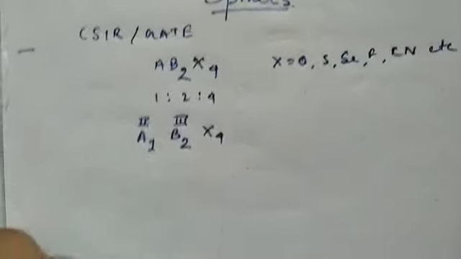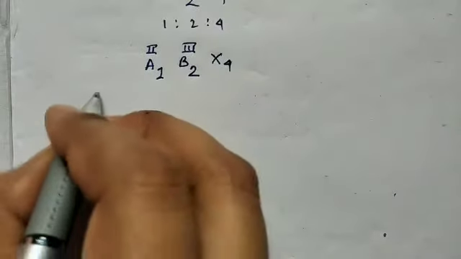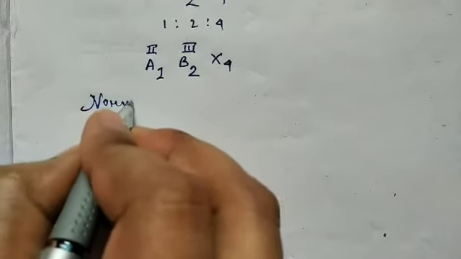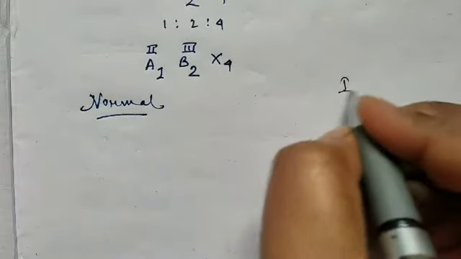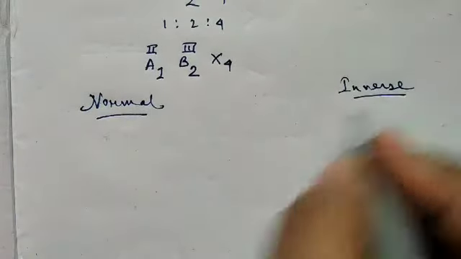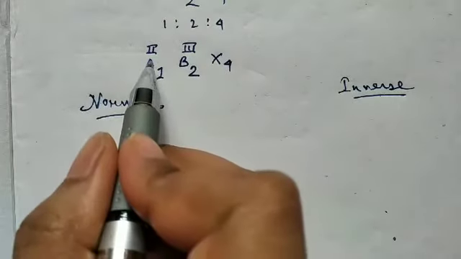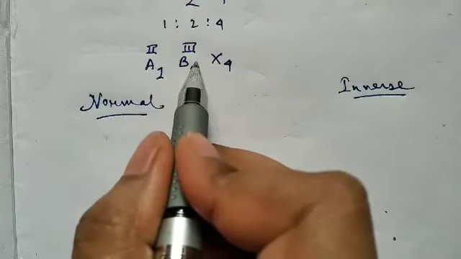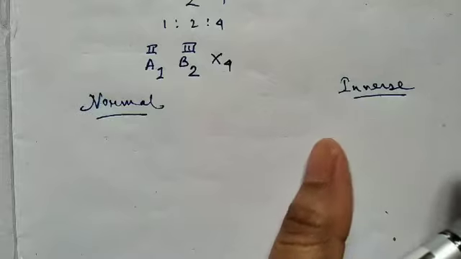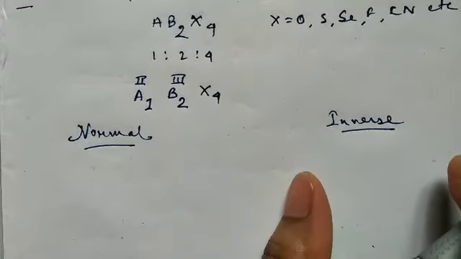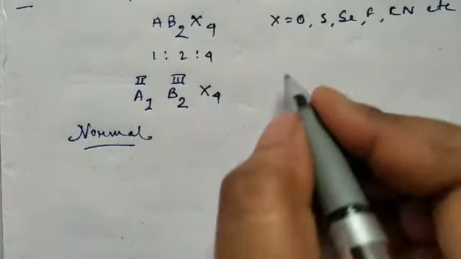Okay. Now, what is a normal spinel and what is an inverse spinel? Two types of spinel are observed. This depends on the occupancy of the dipositive cation and tripositive cation in octahedral and tetrahedral fields. So which is the octahedral field and which is the tetrahedral field?